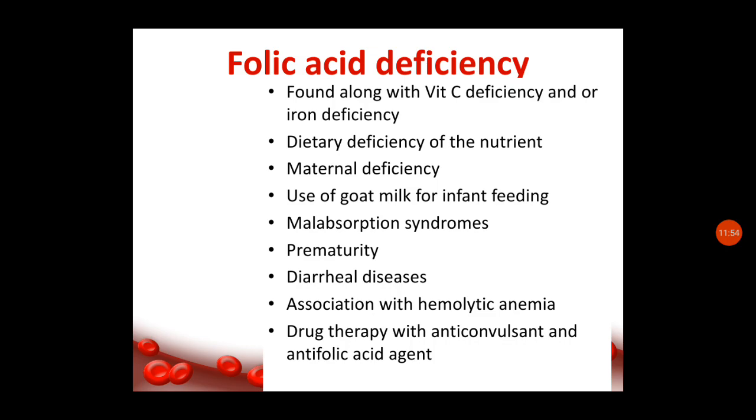Then malabsorption syndromes can be there, prematurity, diarrheal diseases, association with hemolytic anemia, and drug therapy with anticonvulsant and antifolic acid agents. So if the child is consuming these types of medications also, we can see folic acid deficiency. Hope you all are clear with the etiological factors of megaloblastic anemia of folic acid deficiency.